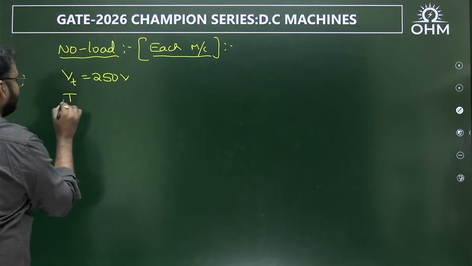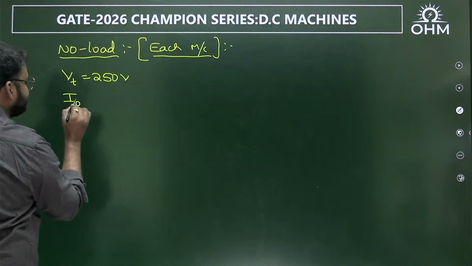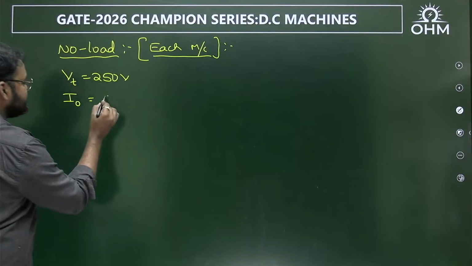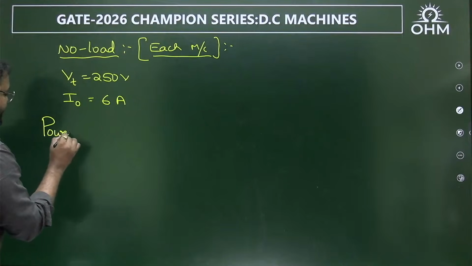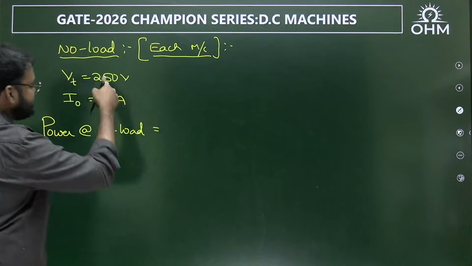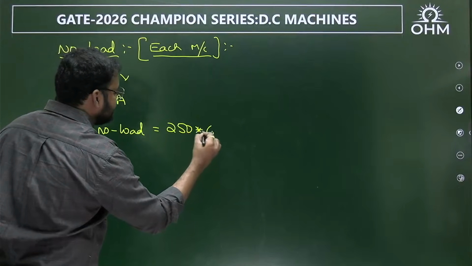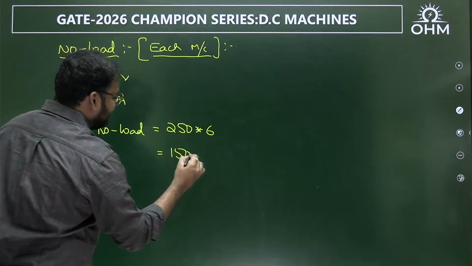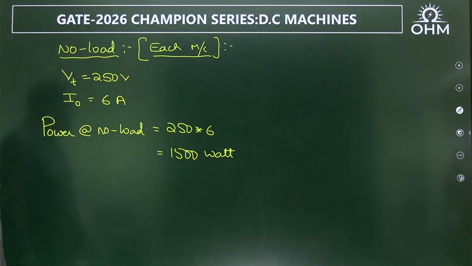What is the no load current drawn by the motor? 6 ampere. Let us write it as I0, no load current, 6 ampere. Therefore, what is the total power drawn at no load? Is it not simply voltage into current? 250 into 6, it was 1500 watt. This is the total power drawn at no load condition.